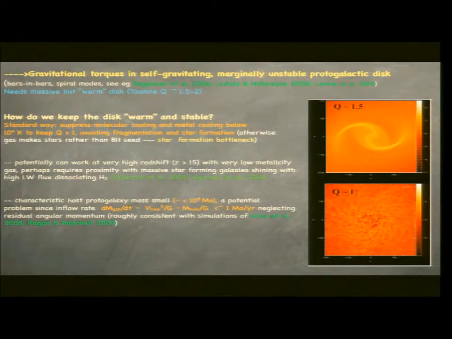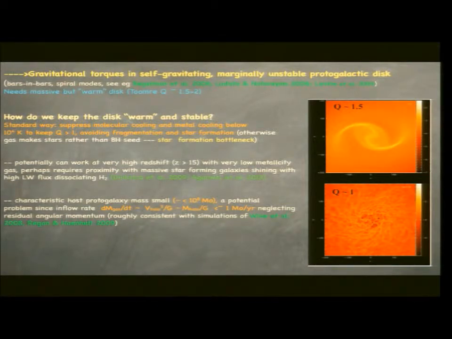How do you do that? You have to keep your Toomre parameter large enough. One way is to have a very massive gaseous disk; you cannot play with the mass of the gas, you want a lot of gas available. You can play with the temperature: you make it warm enough that the Toomre parameter never gets close to 1. How can you do that? Well, you have to suppress the coolants that are active at the protogalaxy level.